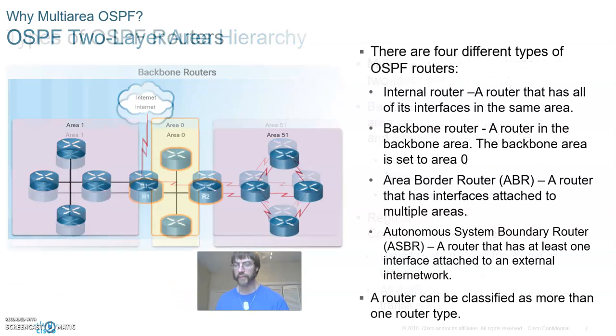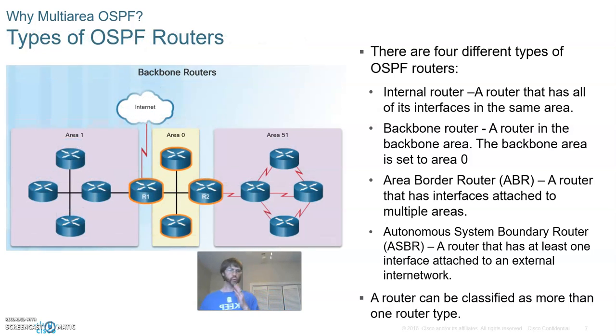Okay, so let's talk about the types of router. I've sort of referenced this already in talking about our topologies. We've got internal routers. An internal router is a router that has all of its interfaces in the same area. A backbone router is a router that has at least one interface in Area 0.